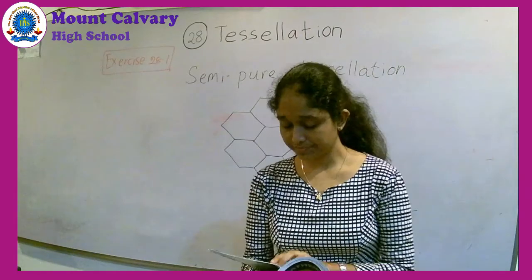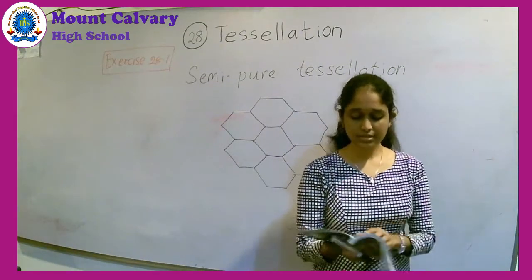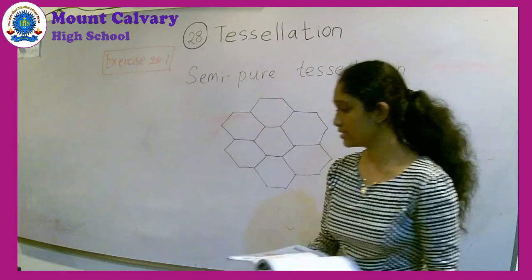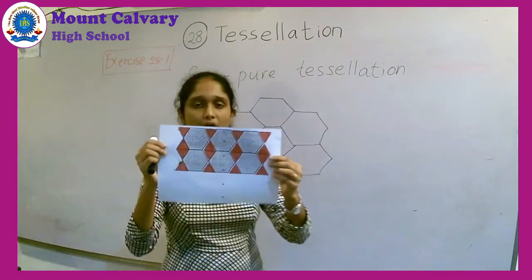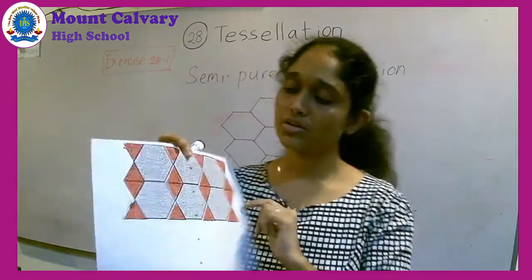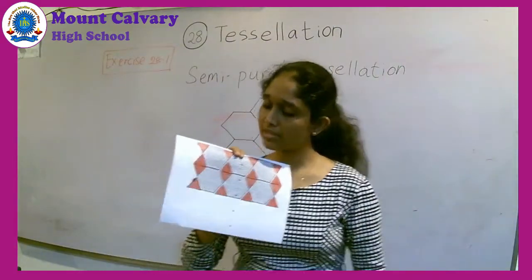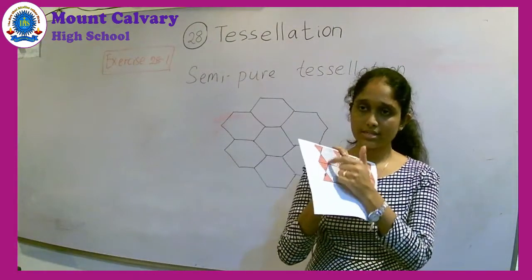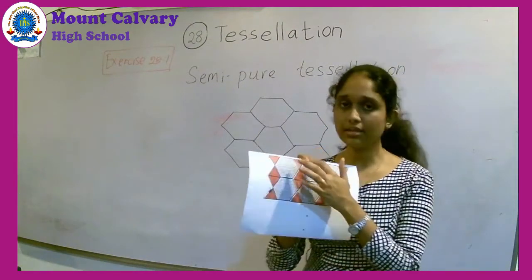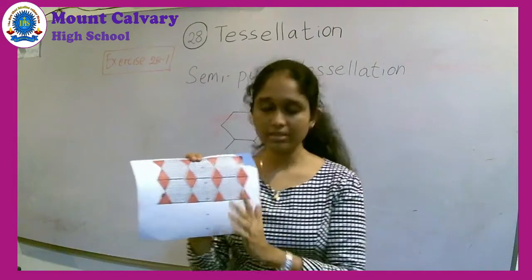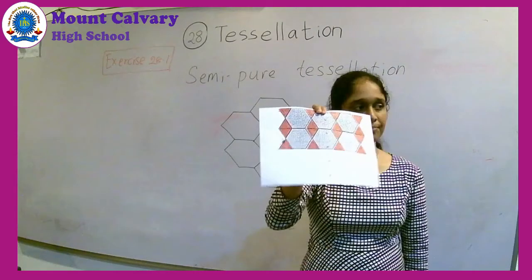Yes, the first one, it's like this actually. Oh, it's very beautiful, right? So what are the shapes? Yes, there are 6 sides, so this is a hexagon. This is a triangle, right? Hexagon, triangle. Again, hexagon, triangle. How many shapes here?